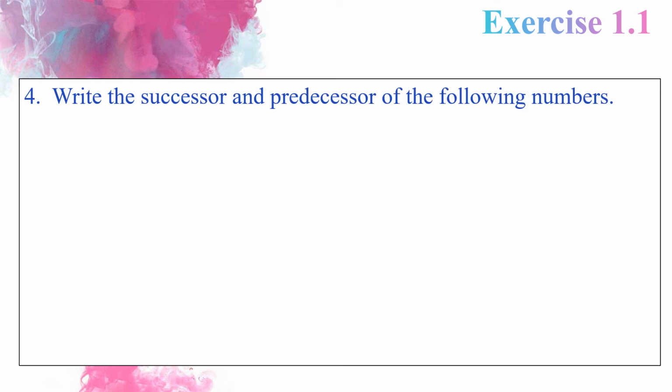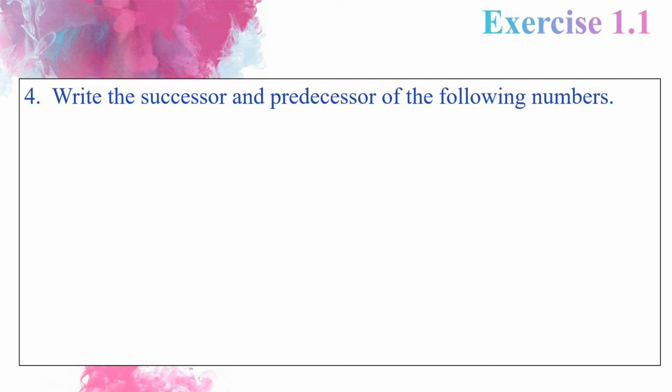The next question, question number 4, write the successor and predecessor of the following numbers. To get the predecessor, we need to subtract 1 from the given number. For example, if the number is 5, the predecessor of 5 is 5 minus 1, which is equal to 4.